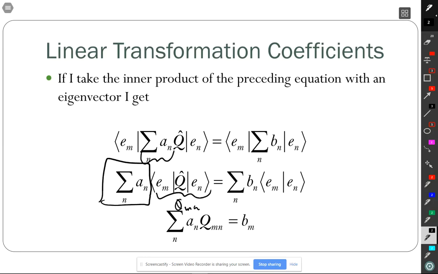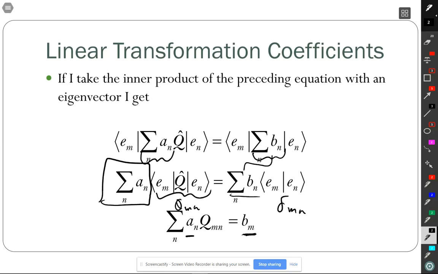And so that's the left side: sum over a sub n Q subscript mn. And then on the right-hand side, this here can be brought out because those are just constants. And then E sub m, E sub n needs to be delta mn. And so that's why the right-hand side is B sub m. So we now have something that shows the B sub m's in terms of the A sub n's.